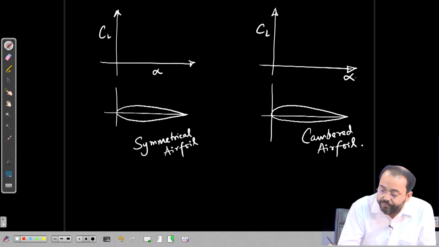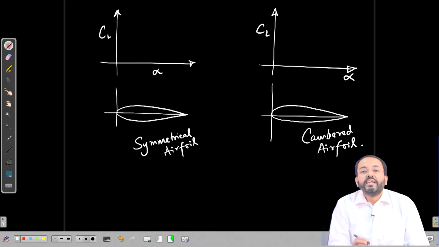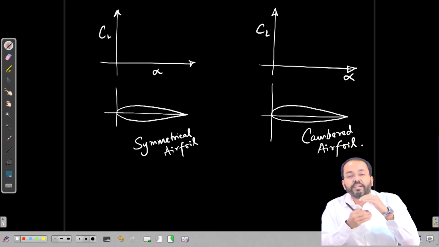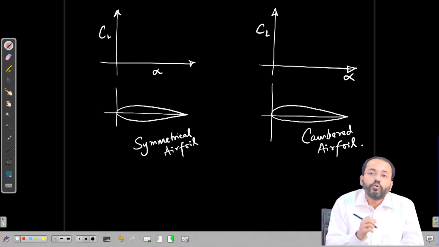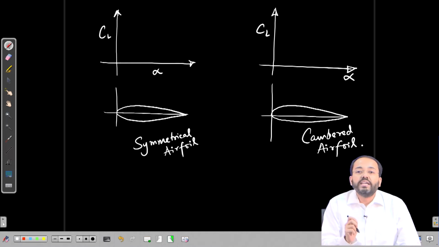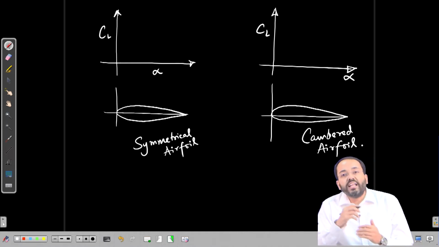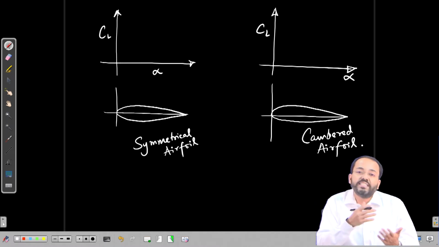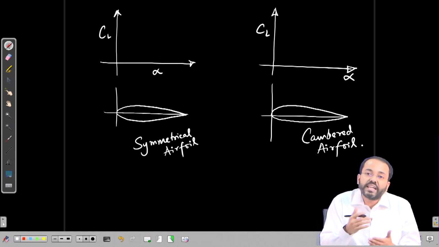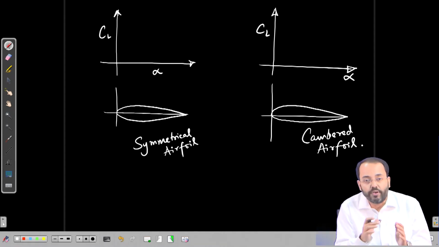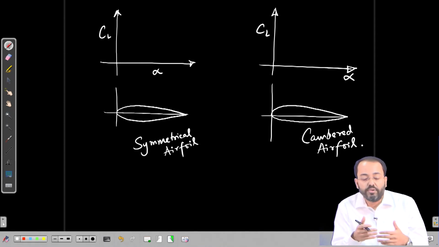for the symmetric foil the pressure and suction sides, or the top and bottom surfaces, are evenly spaced with respect to the chord line. So, when the angle of attack is 0, a symmetrical foil will not generate any lift. On the other hand, a cambered foil, as we had discussed earlier, because of the camber, even at 0 angle of attack there will be a circulation around the foil. We will discuss the concept of circulation soon.